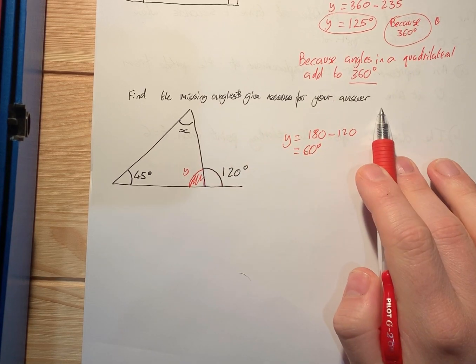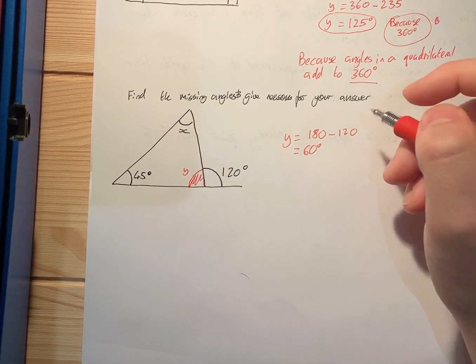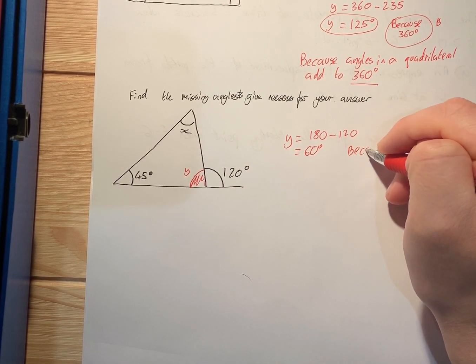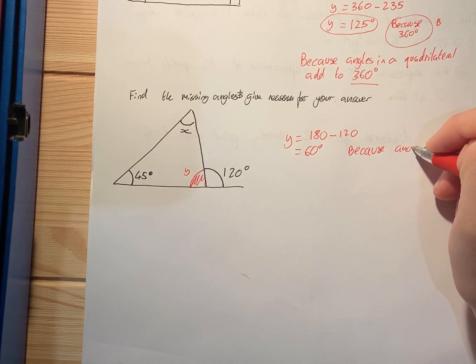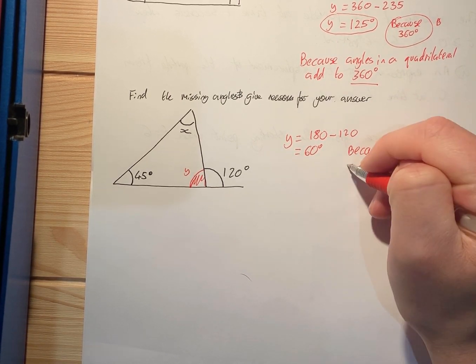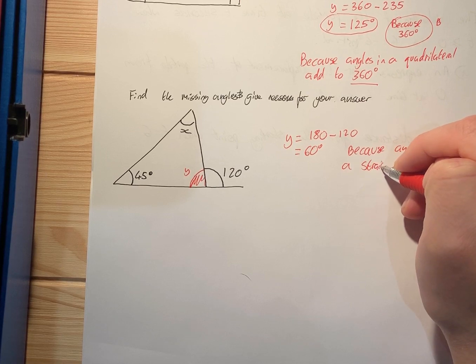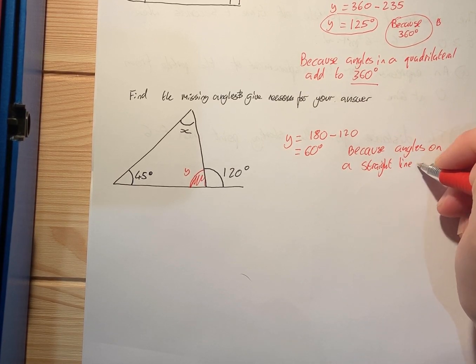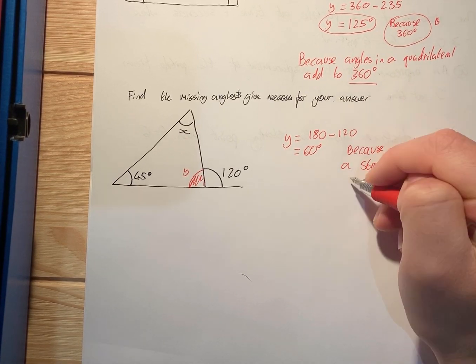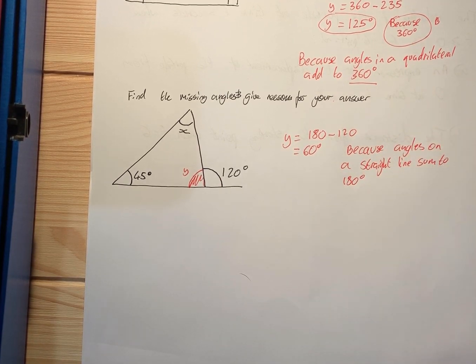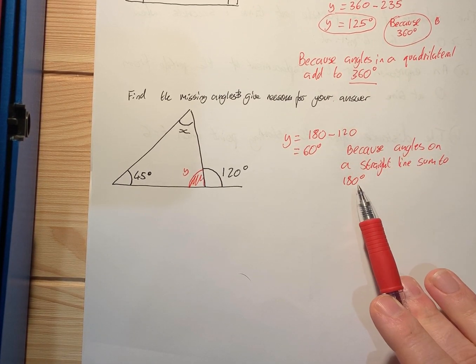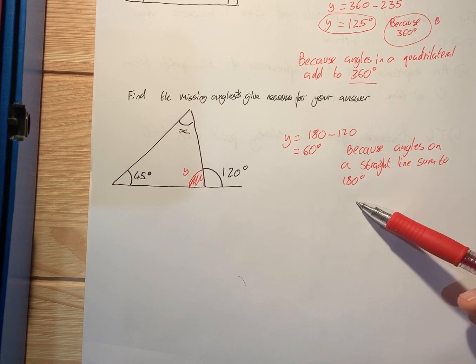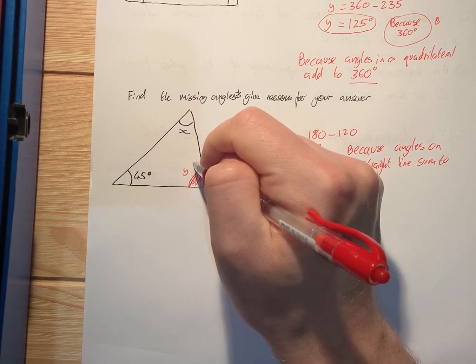We have to give a reason. So check on your working out, did you give a reason? Because angles on a straight line sum to 180 degrees, add to 180 degrees. So what they add to and why they add to it. You've got to have both bits.